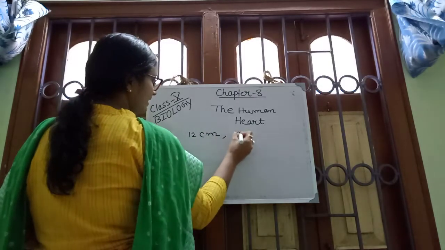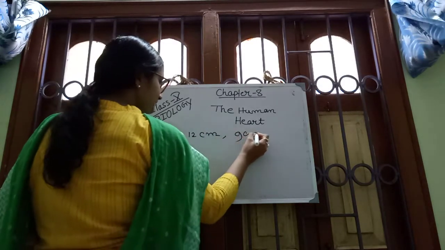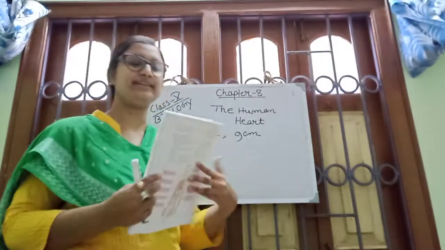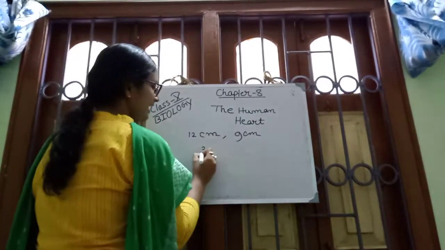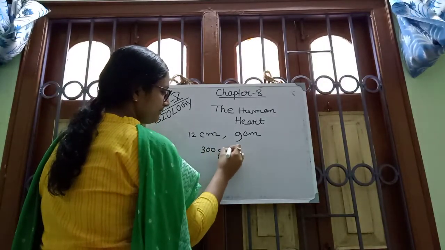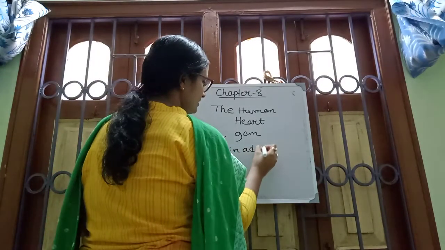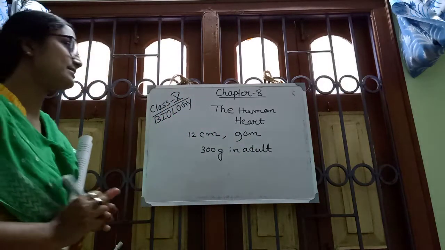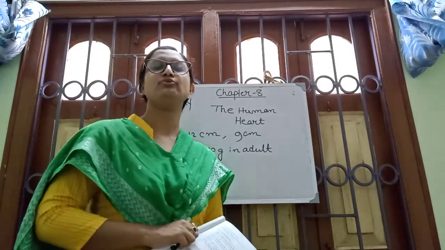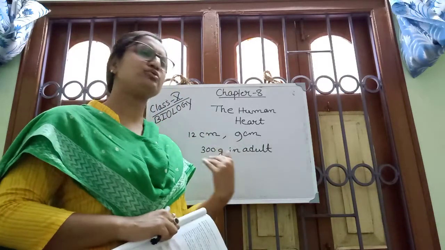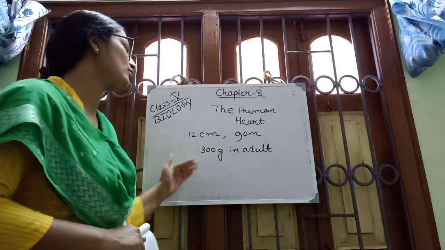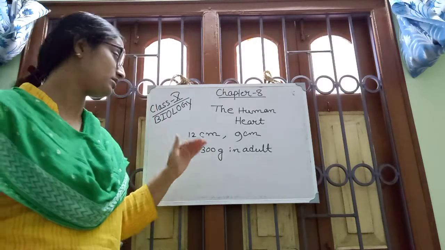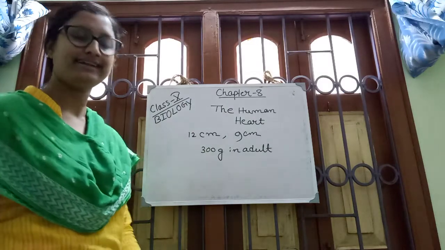The weight of the human heart in an adult is 300 grams. So the position: it is located in the thoracic cavity between the lungs, inclined towards the left.